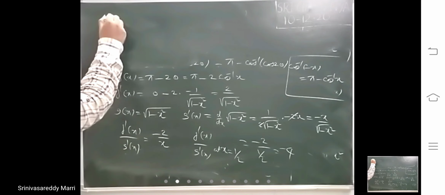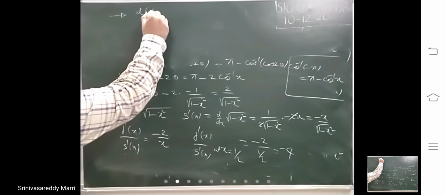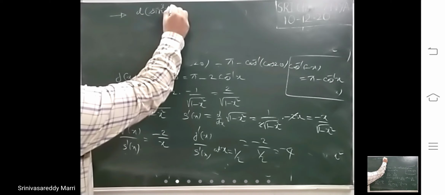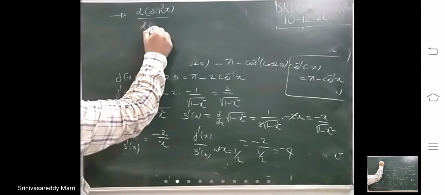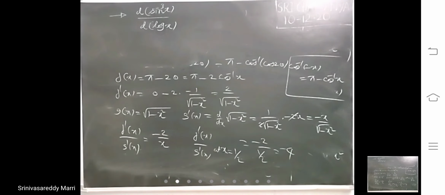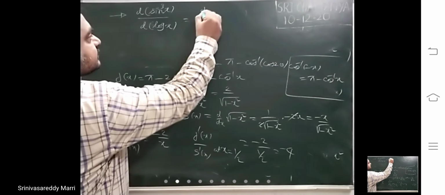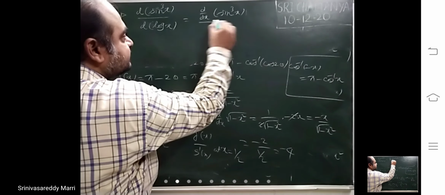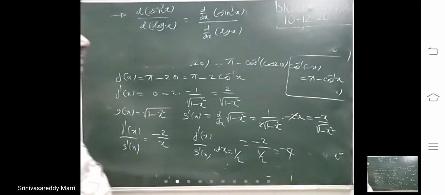In some cases, the notation will be like this. Look at d of sine cube x divided by d of log x. Suppose he asks what is the value of this? What he is asking is d by dx of sine cube x divided by d by dx of log x.